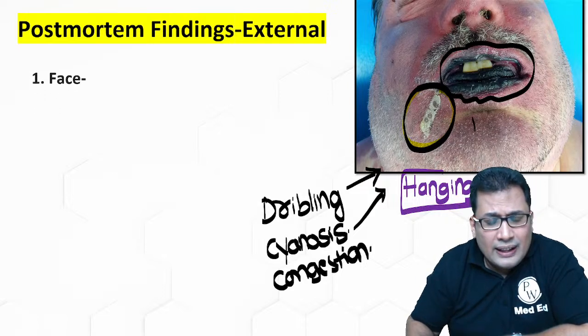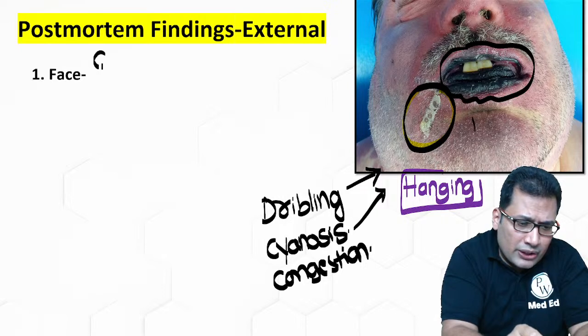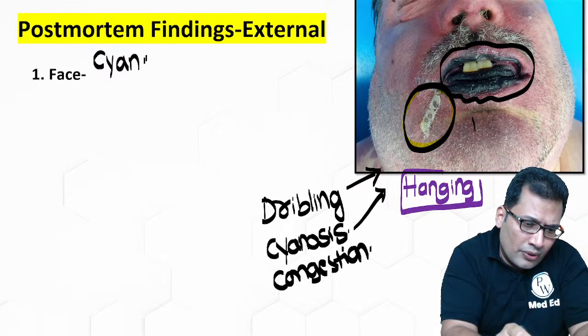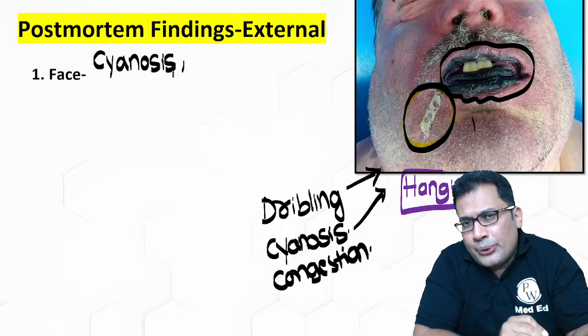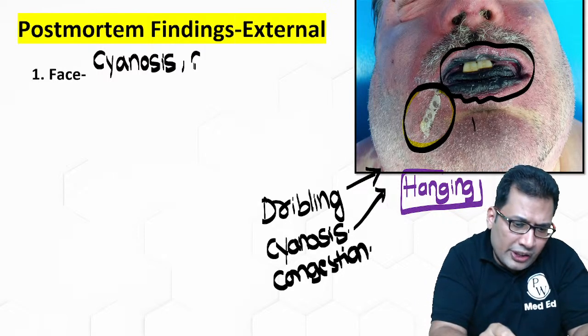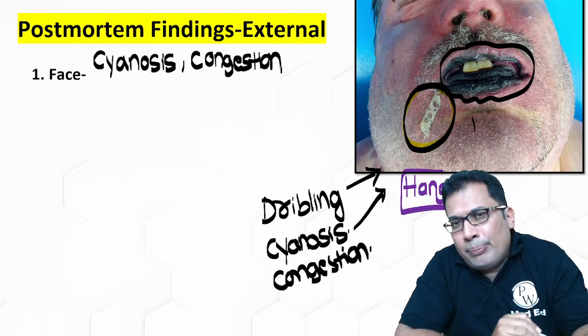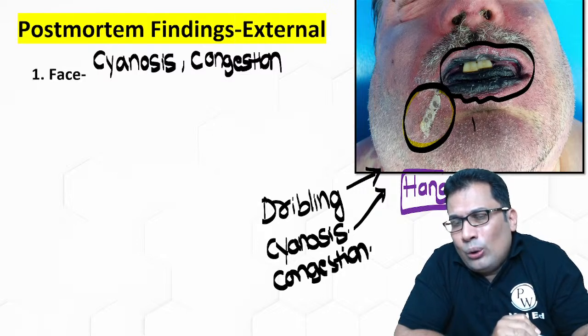External finding. Face. When you see the face, you will see cyanosis around the lips, around the tip of the tongue. Congestion in case of partial hanging. In case of complete hanging, the face can look pale.